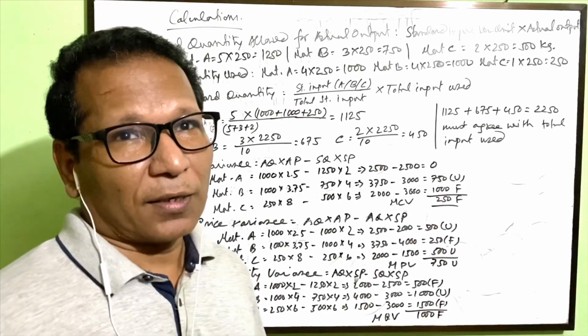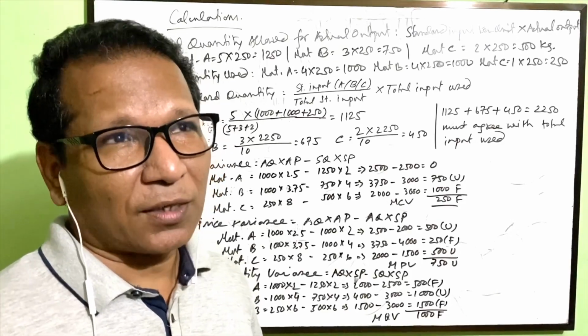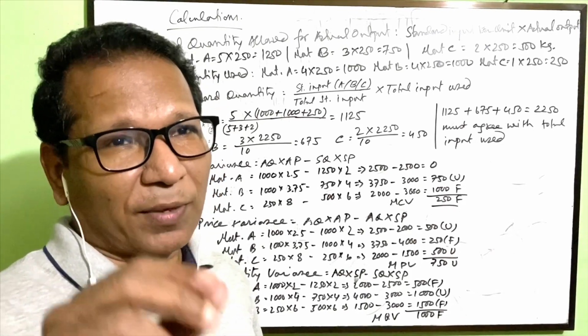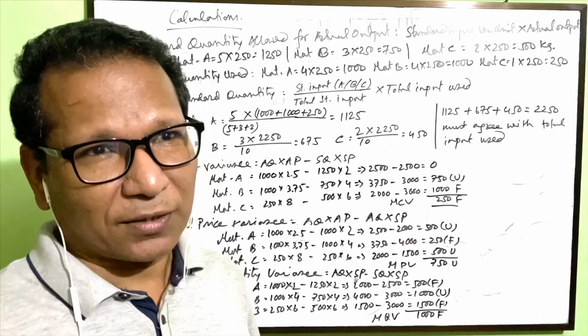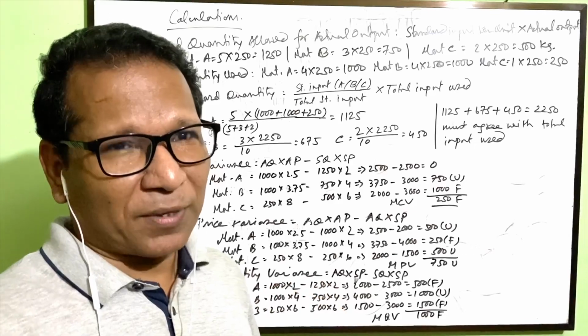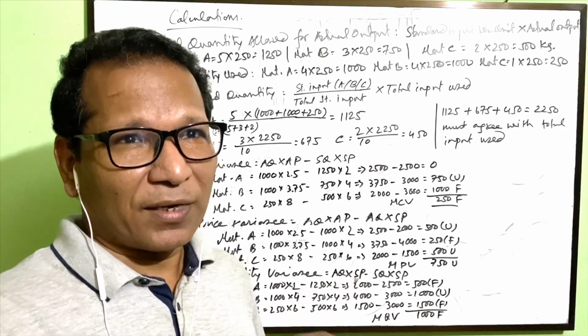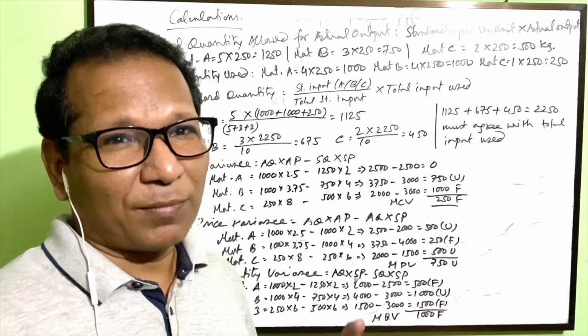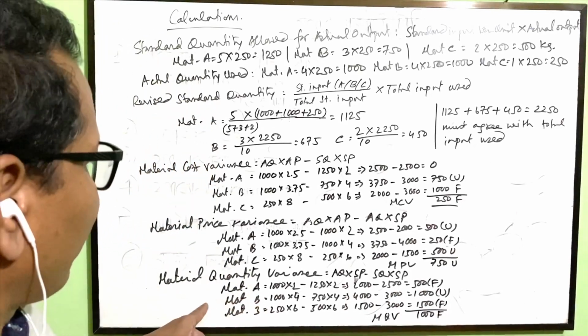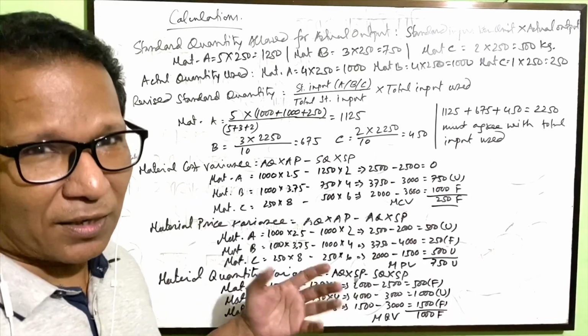Remember, to check material cost variance, we just add material price variance, material mix variance and material yield variance. We should not add material quantity variance, because material quantity variance is divided into two parts, material mix variance and material yield variance. Hope you will do the material mix variance and material yield variance easily.